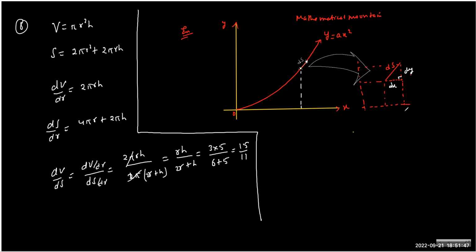Can we use Pythagoras? Yes, sir. So if you use Pythagoras, we can write ds square equals dx square plus dy square. Now, we can take dx square common, and it will become 1 plus (dy by dx) whole square.